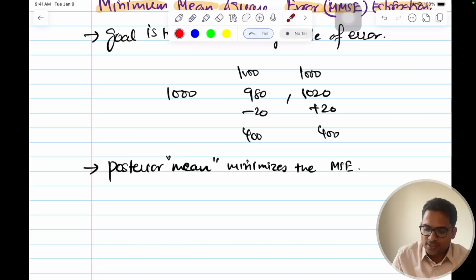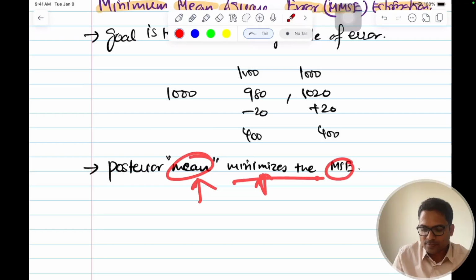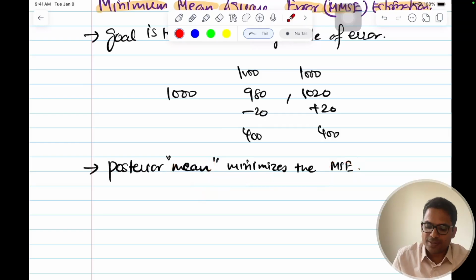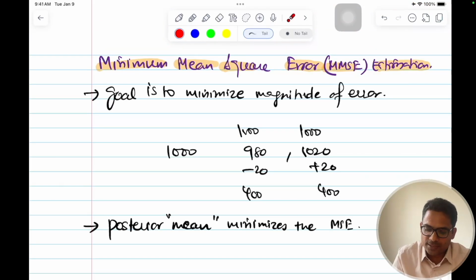If I find the mean of that distribution, and if that is my one point estimate, that will give me my minimum error, because this is the distance from the mean. If I predict the mean itself, this will minimize the complete thing.